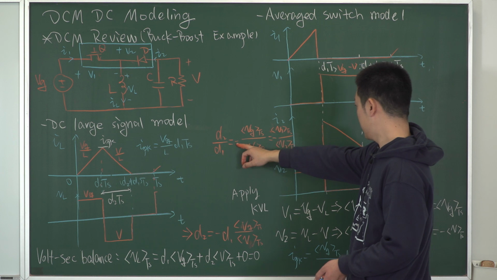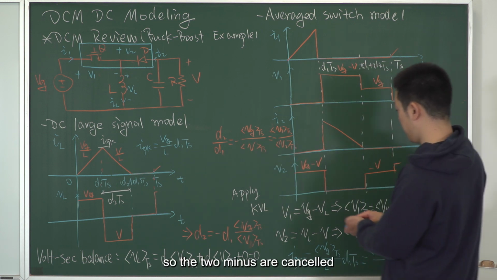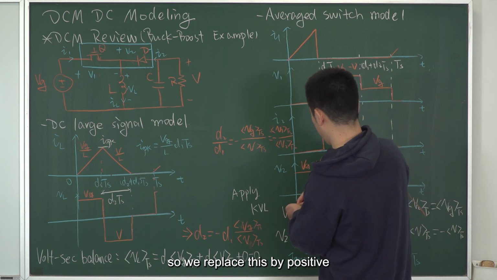Because here is another minus, right? The two minuses cancel, so we replace this by positive.